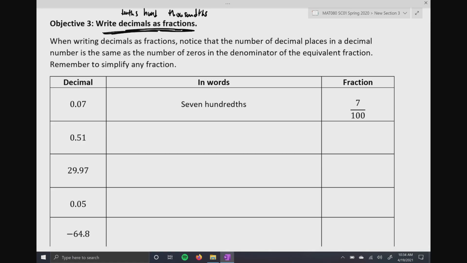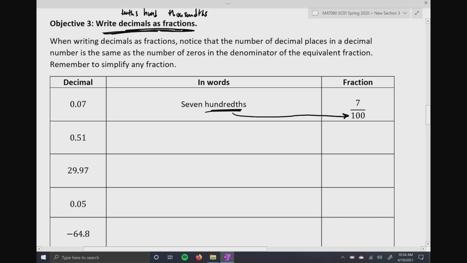So, for example, with 0.07, now, I said that very generically, so I can show you how this works. 0.07 in words is 7 hundredths. Whatever the place value is, hundredths, thousandths, 10,000ths, that is always going to be your denominator. So 0.07 in words is 7 hundredths, and as a fraction, it's 7 over 100.